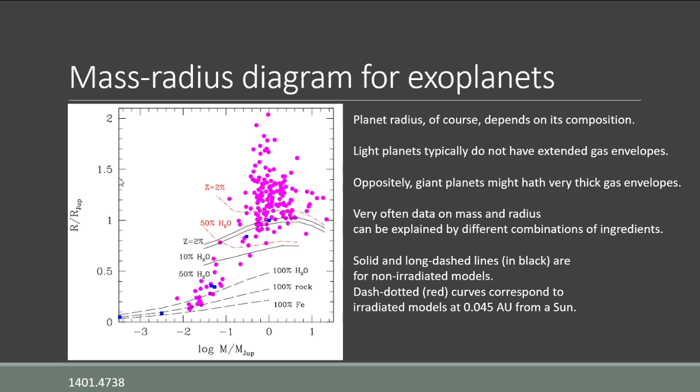Then there is the stellar composition, which is here shown with Z equal 2%, because the Sun is made of hydrogen and helium for 98%, and 2% are heavier elements, starting from carbon. So Z equal 2% is solar composition.